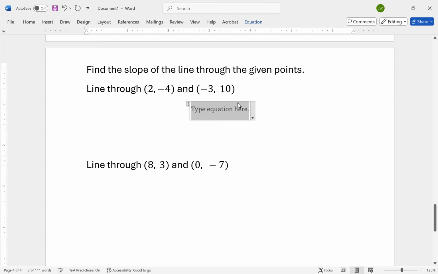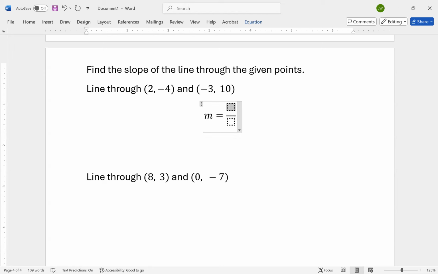I'm going to write slope as M just as a shorthand because that's what it is when we write it in slope-intercept form. In this first example, I know it's going to be a fraction. The y value of the second point is 10.